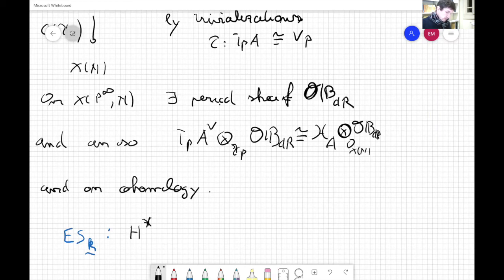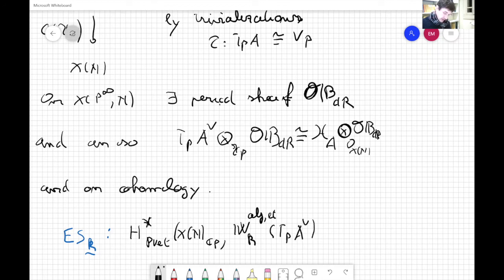So if I consider the profinite étale cohomology of Xn over Cp of this coefficients, algebraic étale, and I have the dual here. Actually, there's an extra dual that I have to take into account. Sorry about this.